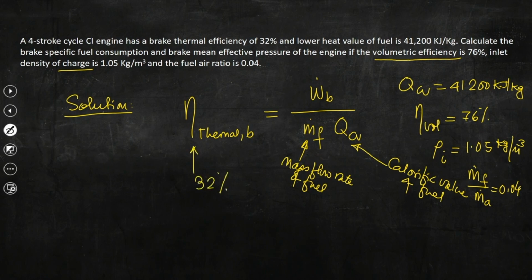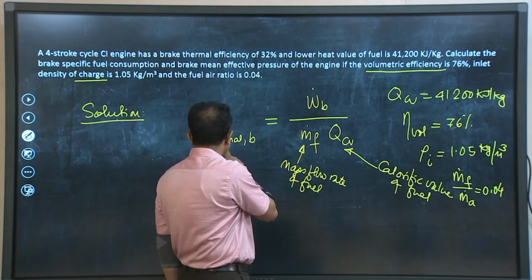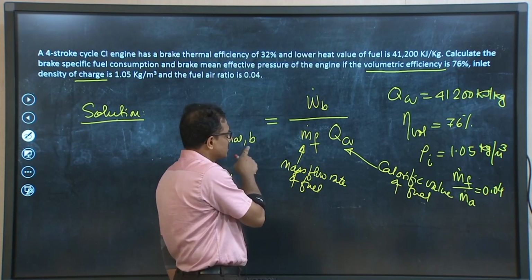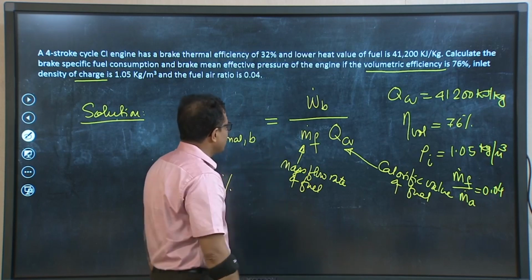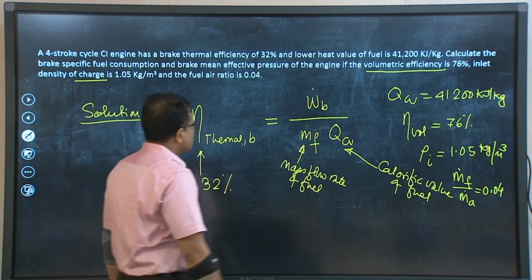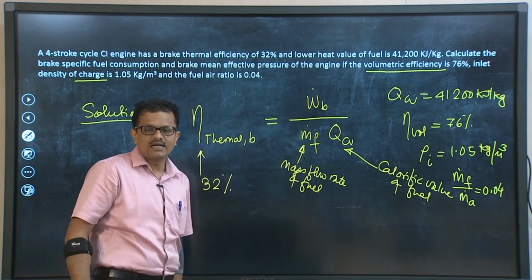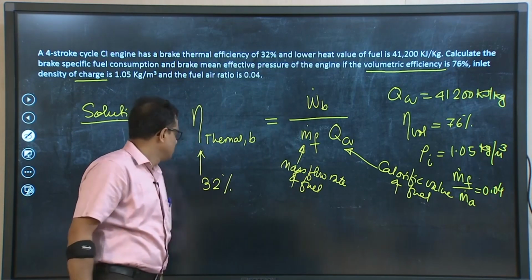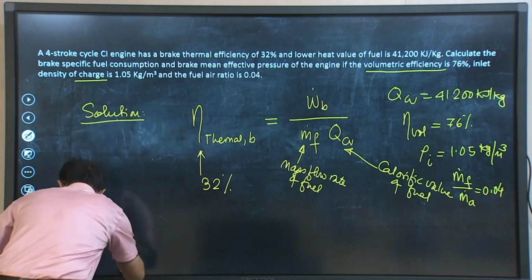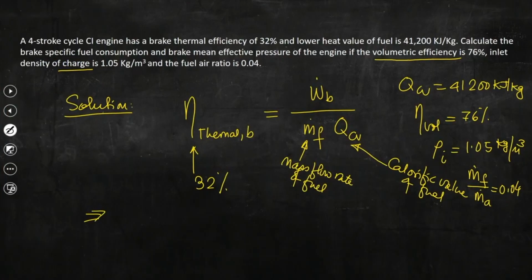We know QCV, we know brake thermal efficiency, and the mass flow rate of fuel we do not know. We also do not know the rate of work done available at the shaft, that is the brake power. But we can easily calculate the value of m dot f by W dot b.